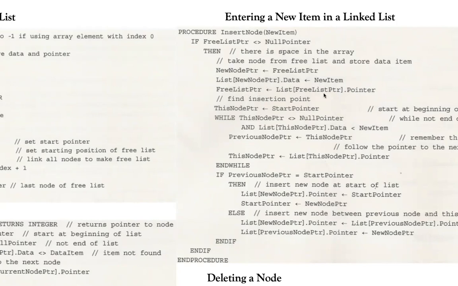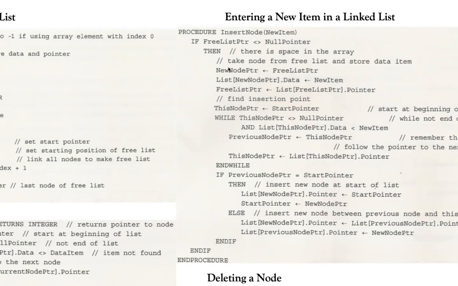So basically my existing node's pointer is pointing towards the next available free node. And I simply made that transaction possible. I copy the contents of this pointer into this existing free list pointer. So by that logic, if the new node I just occupied was the last node available, there are no more nodes available after this.